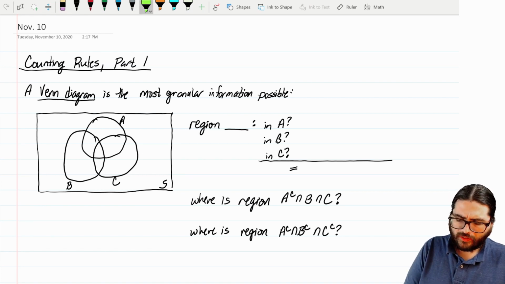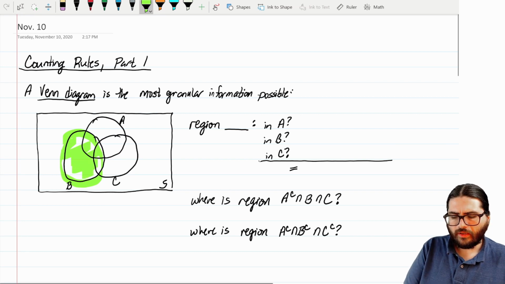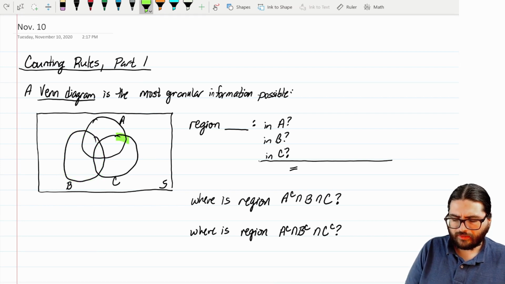And so in this Venn diagram, I can clearly see what is in set A, maybe in 1. You can also see what's in set B and in set C. But I can also see how those sets overlap with one another.